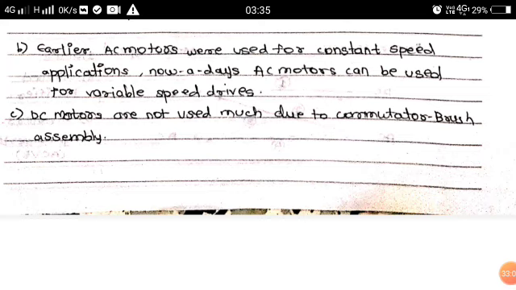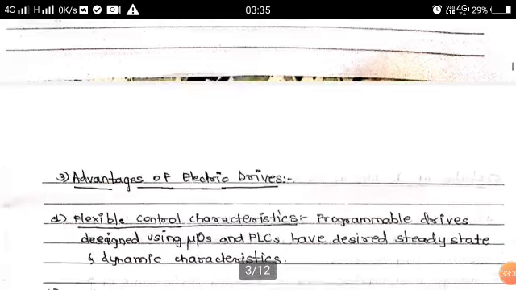Earlier AC machines were not very popular because they were very difficult to control. But nowadays they can be easily controlled. There are so many advanced methods available, and we know that from the construction and maintenance point of view, AC machines are far better than DC machines, motors. So that was the issue.